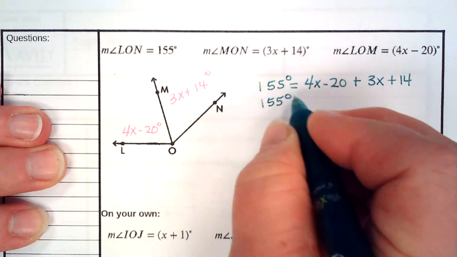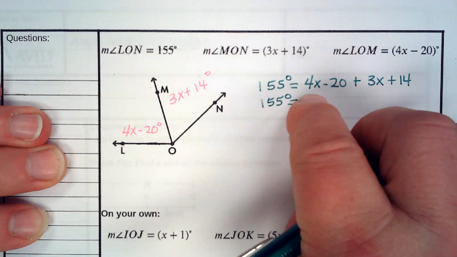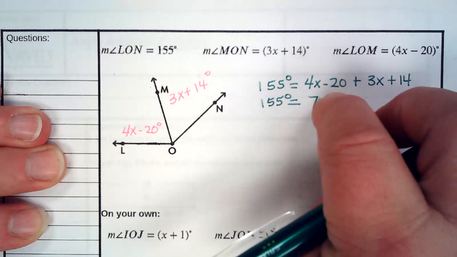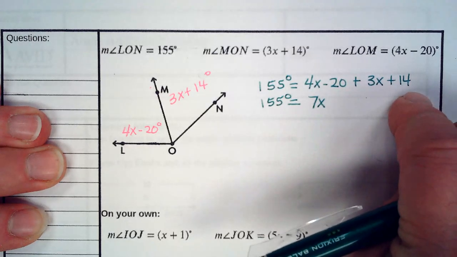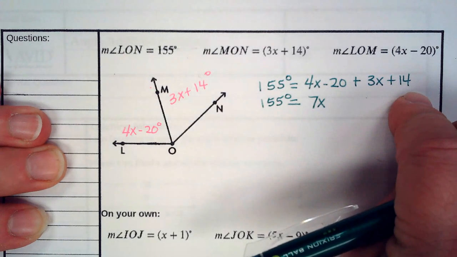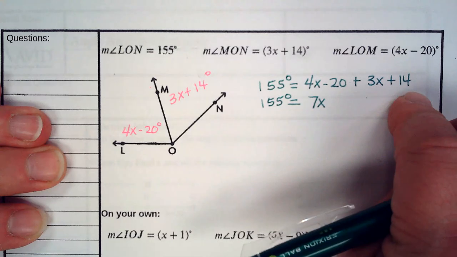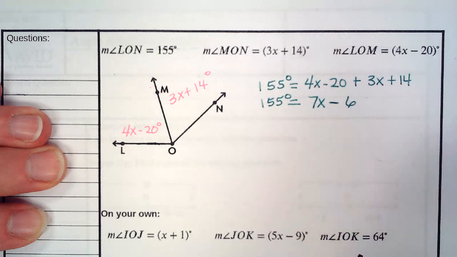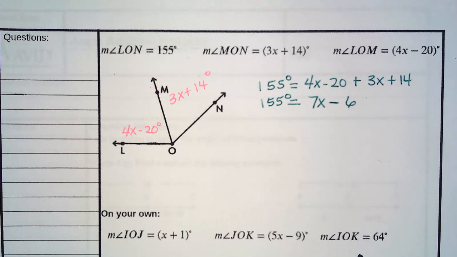155 degrees is equal to 4x plus 3x, which is 7x. Negative 20 plus 14, they're opposite signs, so I'm going to subtract. 20 minus 14 is 6. Keep the symbol of the bigger number, so it's minus 6.